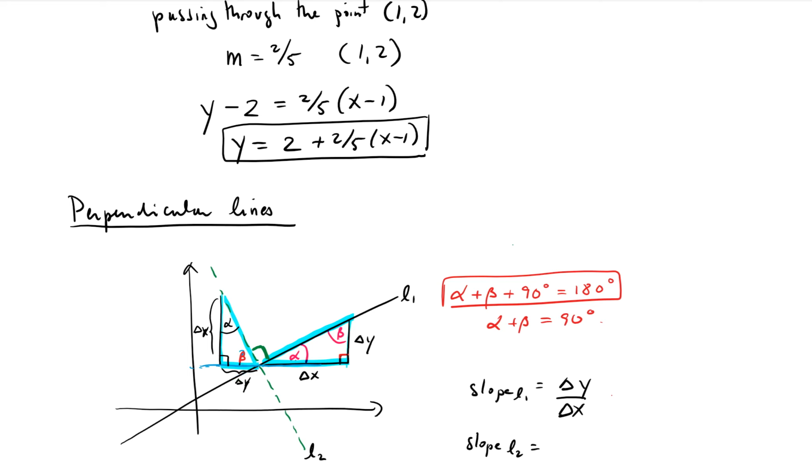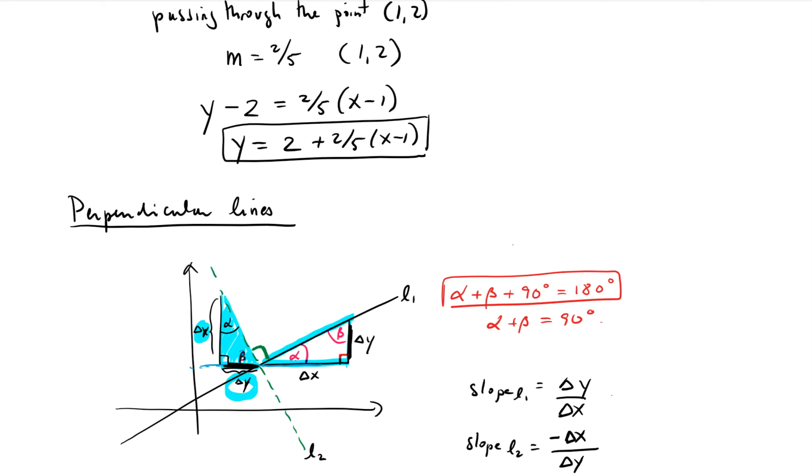So these two triangles now are similar. This side here, it's right there. So let's look at the slope of L2. If I look at this triangle here, the run is right there. So it's actually delta y. The run is delta y. But if I go forward by delta y, I will go down by delta x. Look at this side here.